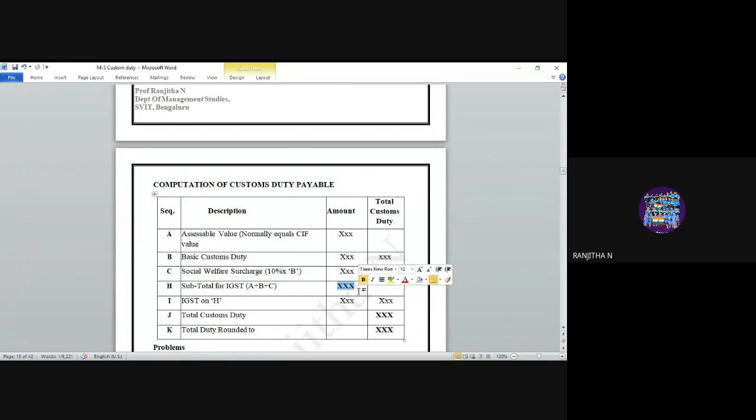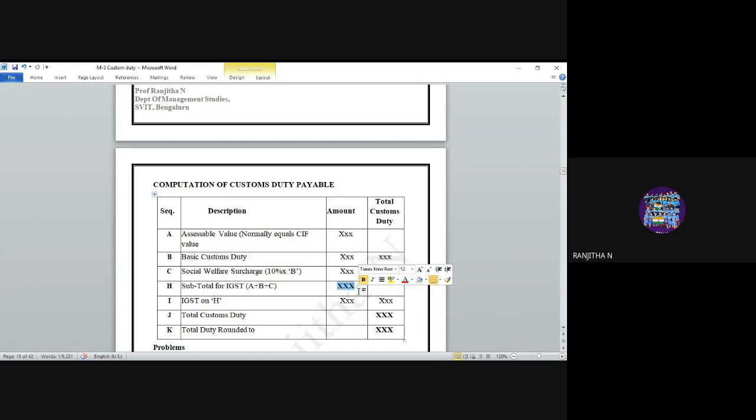When you import goods from other countries or from another state, this is a tax we need to pay to the government. So on the subtotal, calculate the IGST, and the IGST rate will also be given in the question. For example, if it is 18%, I'm just going to charge 18% on my subtotal. So finally you have received your IGST.